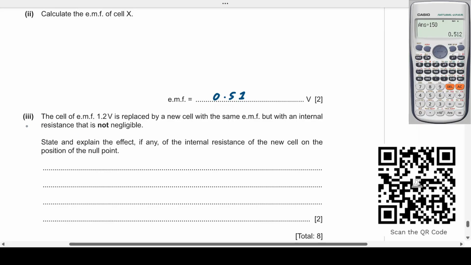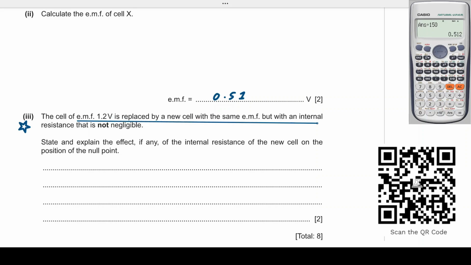Now this one is really difficult question to explain and to answer. We'll do it anyway, but this is the kind of question which requires extended concept. Initially, there was no voltage drop inside the internal resistance, but now the EMF of 1.2 is replaced by a new cell which has internal resistance also.